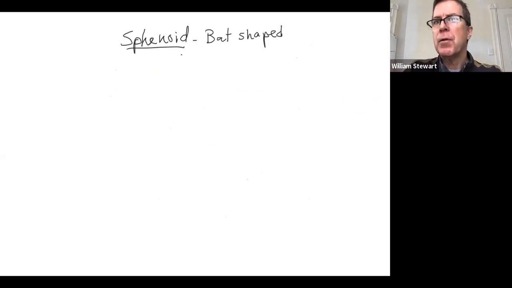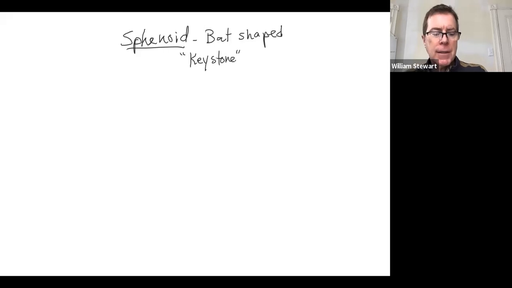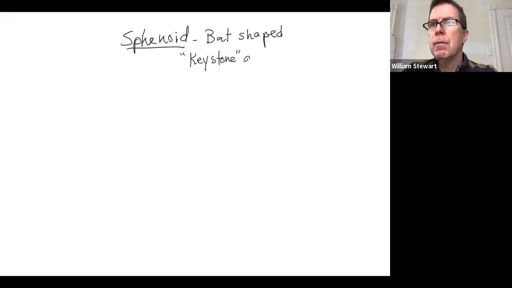This bone is known as the keystone of the skull. The reason it's called that is it articulates with all other bones in the cranium. So I'm going to write that out. Articulates with all other cranial bones.